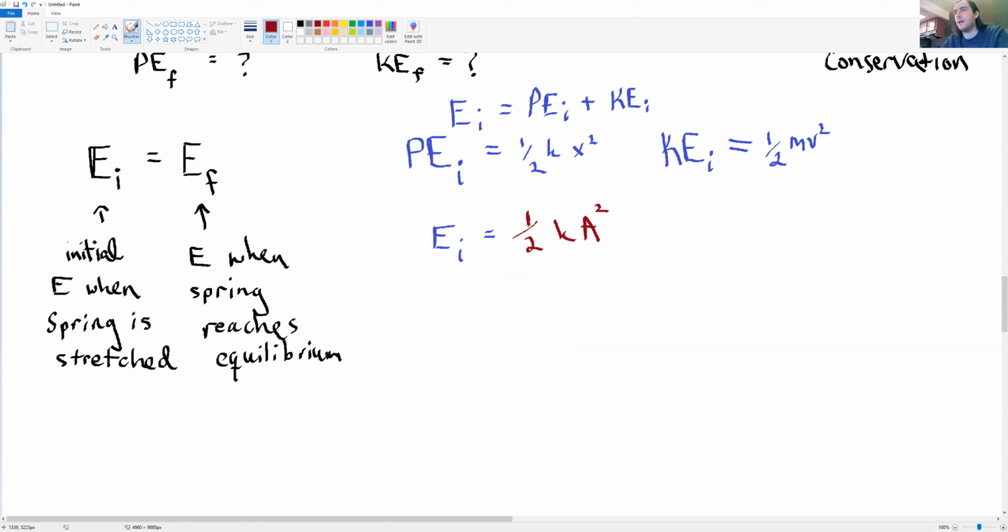Okay, 1/2 k a squared. And our kinetic energy is 1/2 m 0 squared, because it starts from rest, right? Starts from rest means velocity is 0. And so the initial energy is 1/2 ka squared.